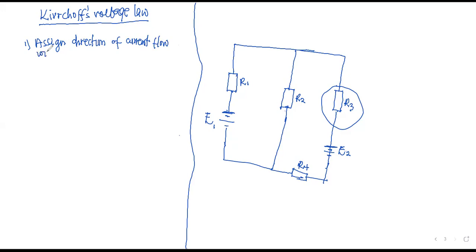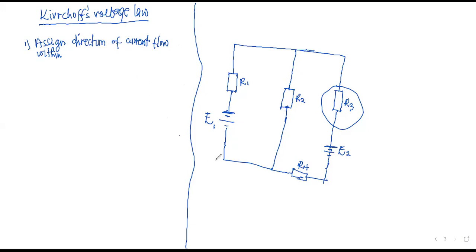Meaning that if the direction of current has been assigned, you must work with what you are given. You cannot change the direction of current assigned. But if the question is such that you are to assign direction of current flow, then you must do so.